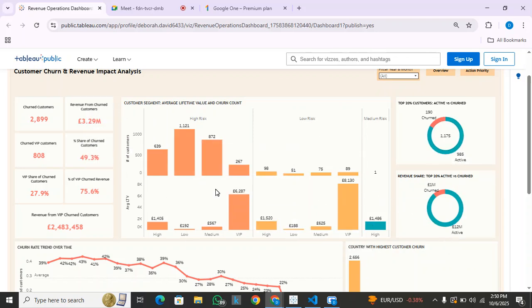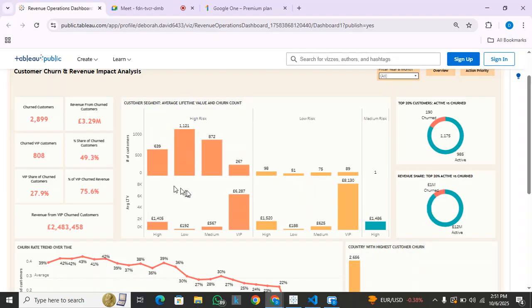So we see here the strategic segments of our customers who are at risk: high risk, low risk, and medium risk. We have just one customer under medium risk. For low risk, we have 98 high customers, 89 VIP customers.